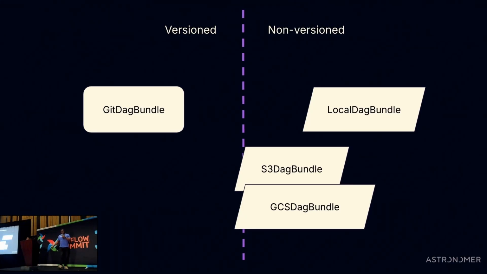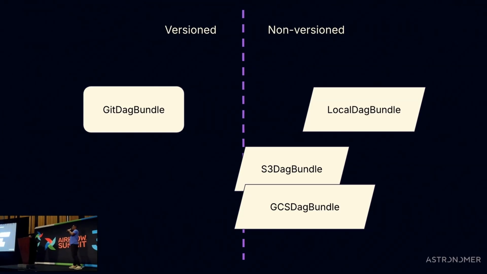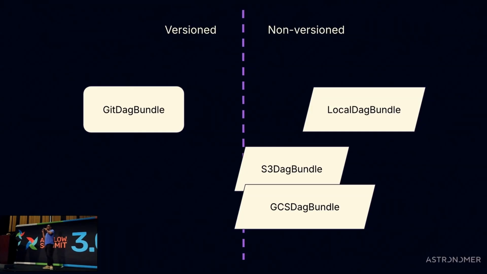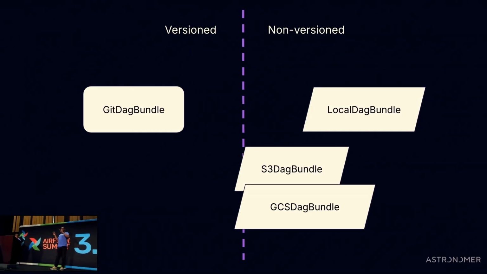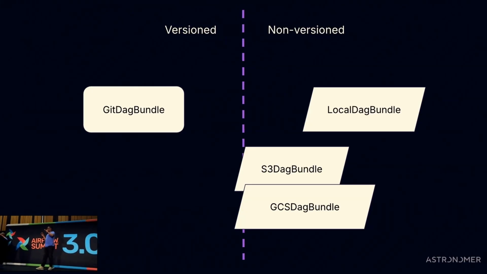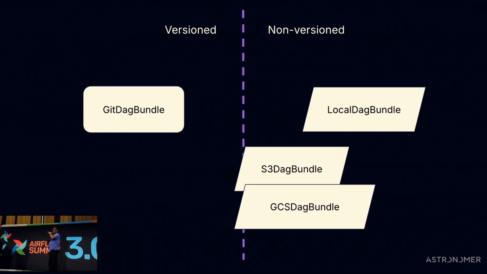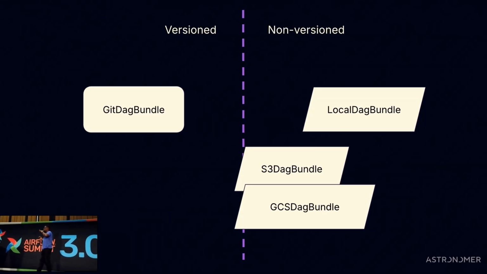So, like Jed mentioned, we have two types of bundles: the versioned and non-versioned bundle. In the versioned category, we have the Git Dag bundle. The Git Dag bundle is a general purpose Git bundle, which allows you to get Dags from many Git services. You can get that from GitHub, GitLab, or even self-hosted.